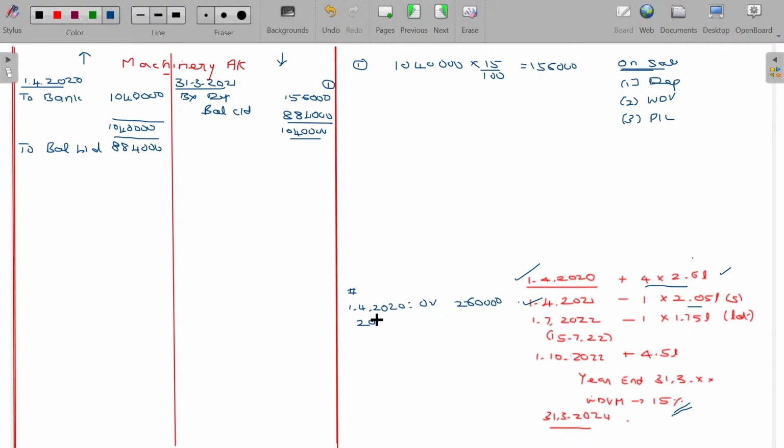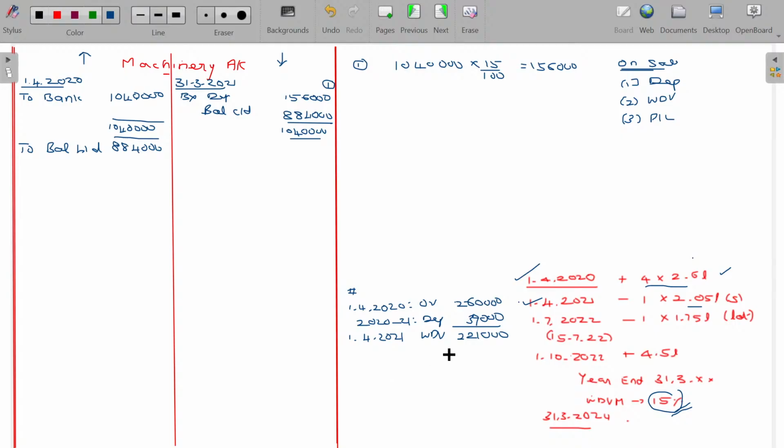For the year 2020-21, first year depreciation is provided at the rate of 15%. 15% on 2,60,000 is 39,000. Subtracting 39,000, the final value is 2,21,000 WDV on 1/4/2021, the next year's first date. On that date it was immediately sold, so we don't have depreciation in the year of sale, because only 1 day is there.